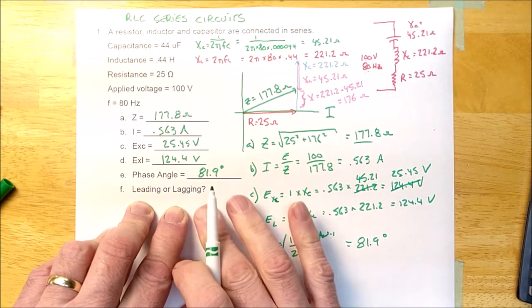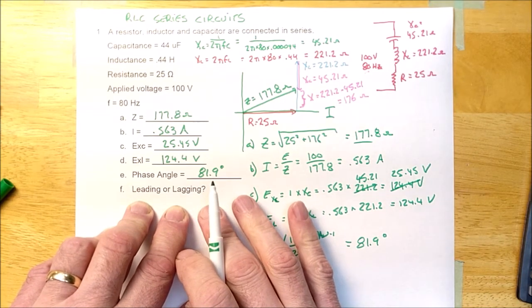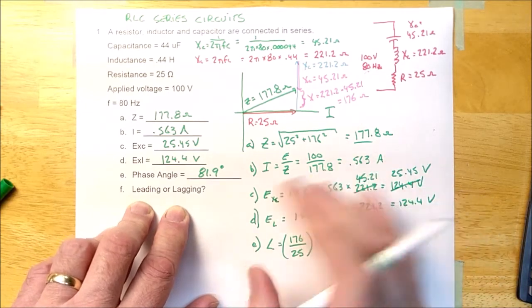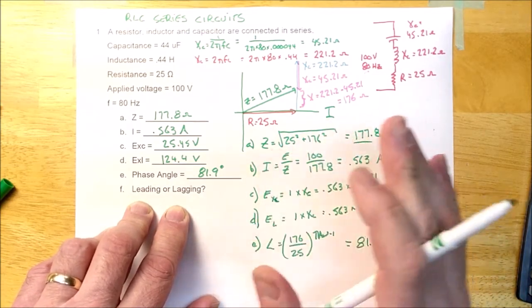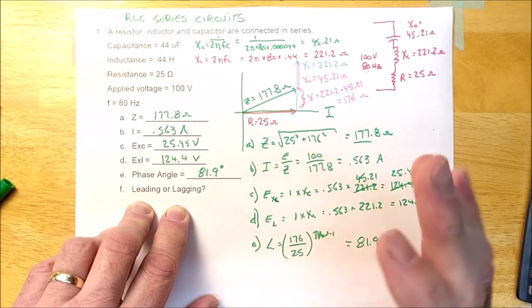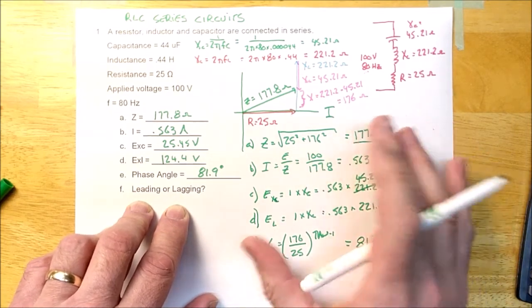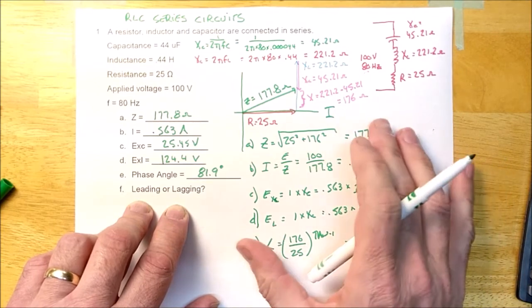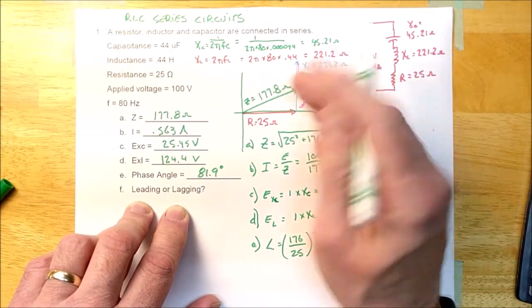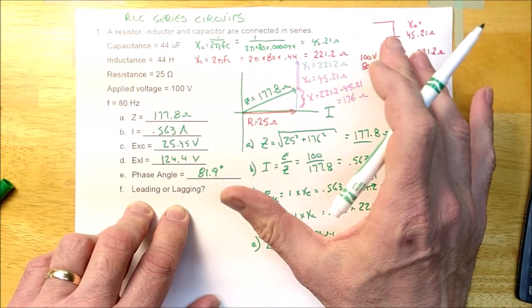Now, how do you decide whether the circuit leads or lags? There's one way that works for every kind of circuit, because we're doing series circuits now, we're going to do parallel circuits soon, and we're going to do combination circuits soon. If you want to know the one rule for all circuits to determine whether they lead or lag, you take a look at the phasor diagram, any phasor diagram that is legitimate for that circuit.